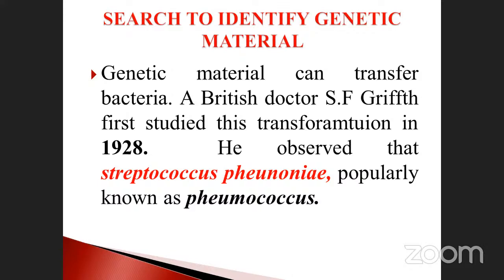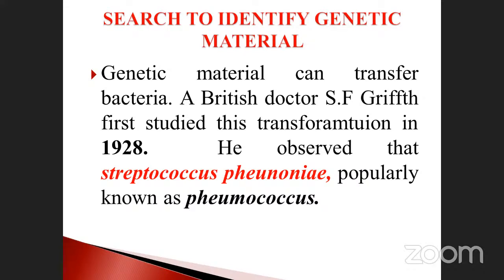Three points here. Genetic material can be transferred between bacteria. DNA is also transferred from one bacterium to another through conjugation or whatever it may be. When they come in close contact, there is a bridge between the two bacteria, so one bacterium transfers the genetic material into the other.